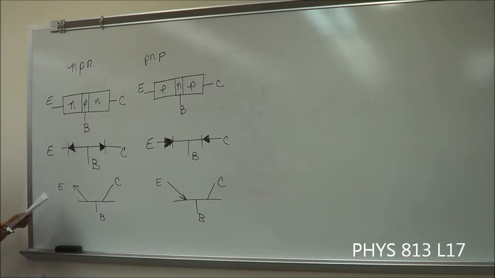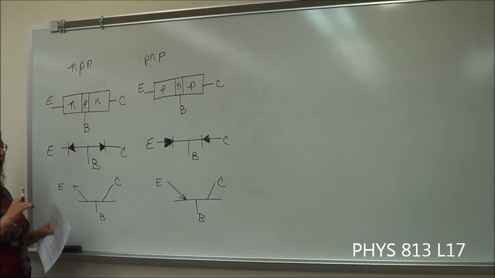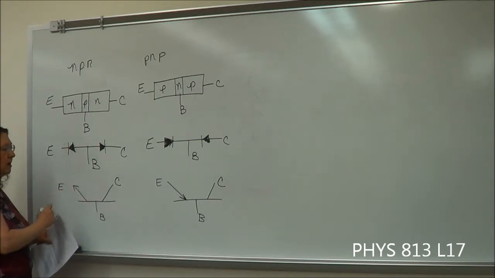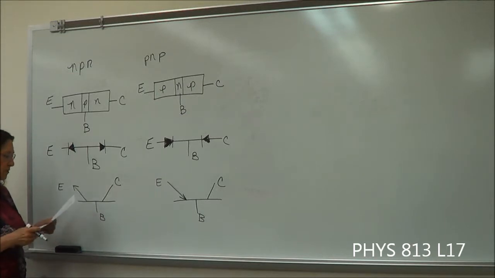Now, we're going to go ahead and draw a couple of circuits in step 4. And then I'm also going to show you an actual transistor and where these things are located and how you tell which of the leads is which.